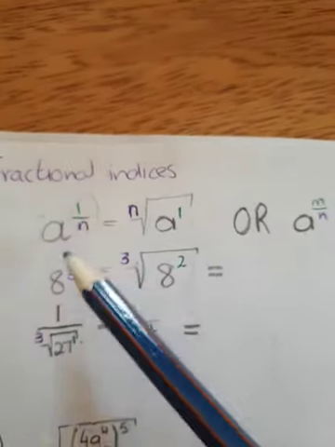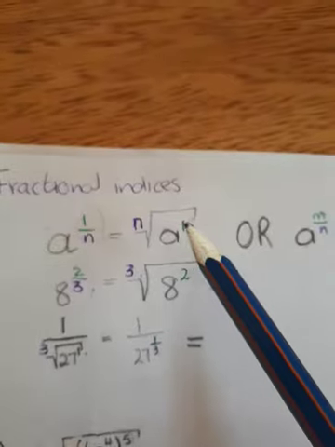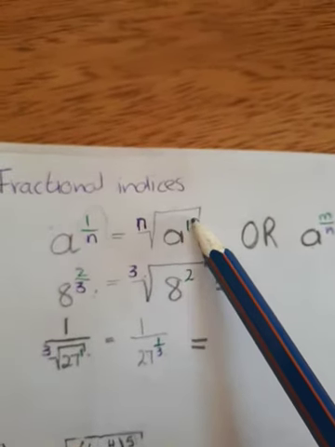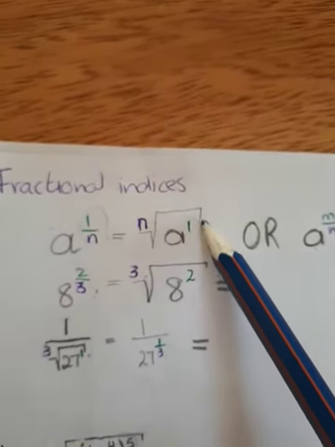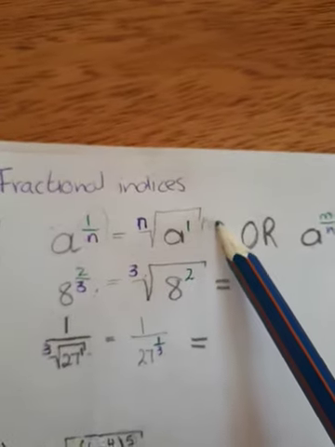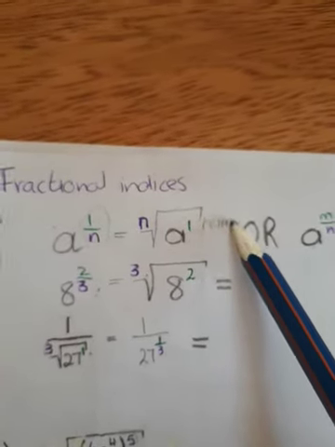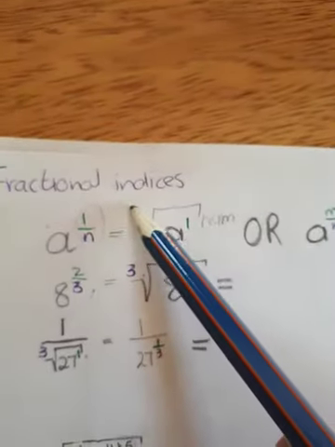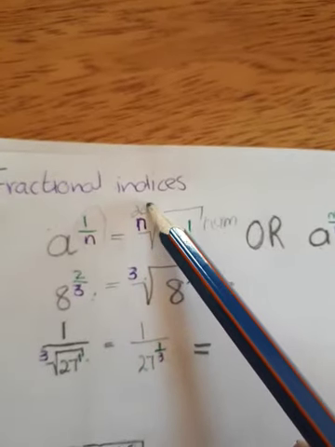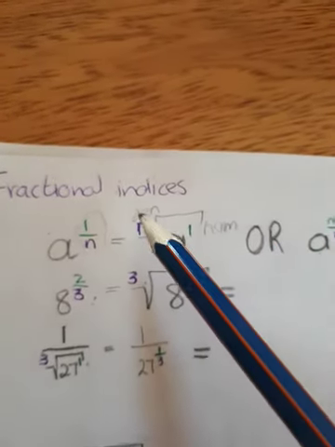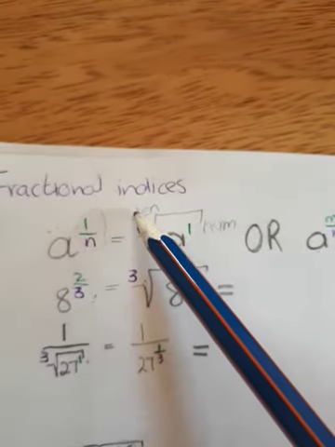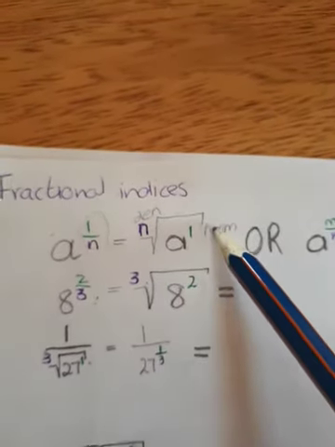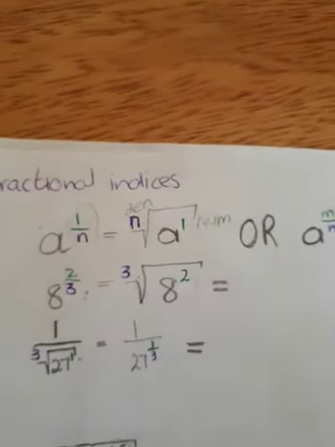Then the law is that you take the base to its numerator. The numerator goes along with the base, and you take the root of the denominator. I remember this in the sequence of D comes before N in the alphabet.